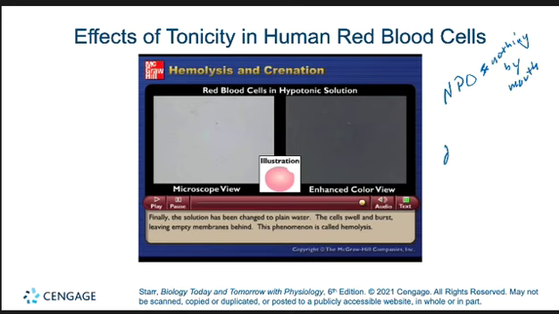And you are dehydrated. Okay. We don't give you an IV of distilled water. Instead, we give you an IV of isotonic saline.